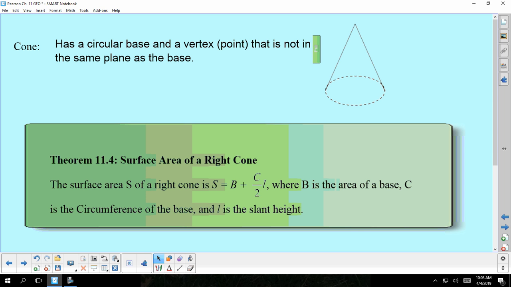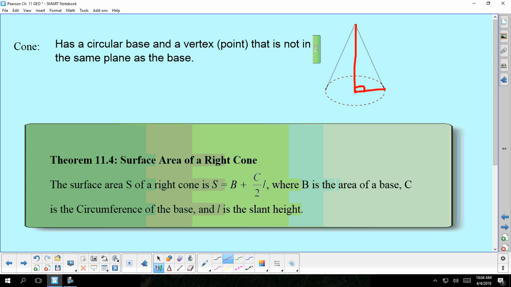And notice the surface area formula for a right cone, right? So a right cone means that the center of this circle and the radius will make a right angle with the vertex, right?